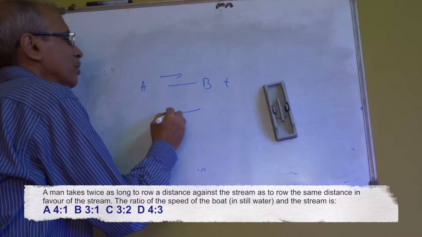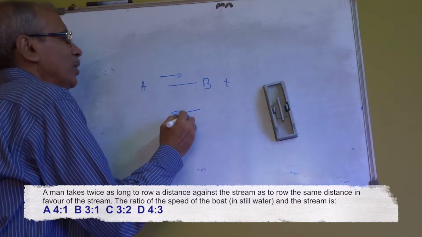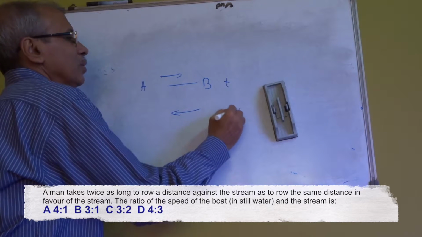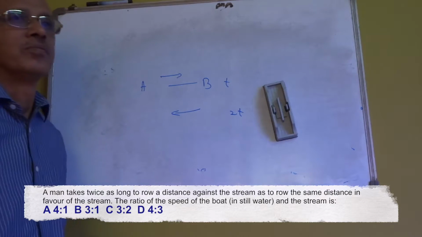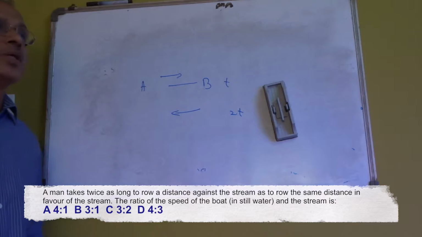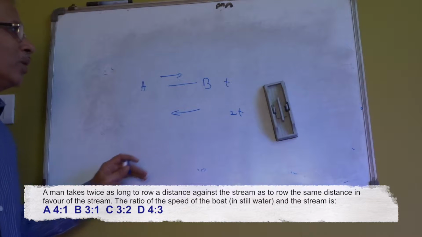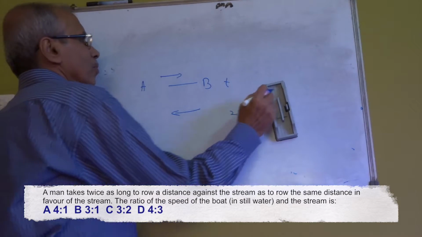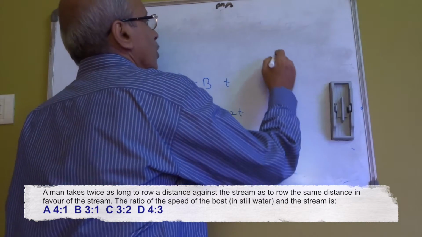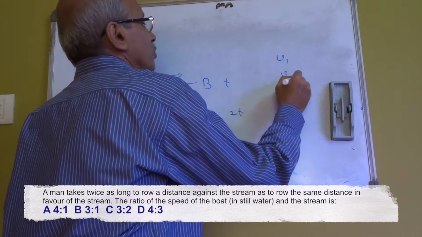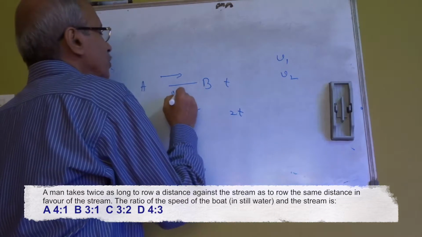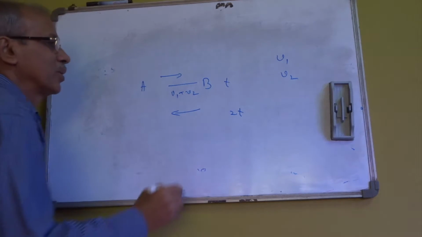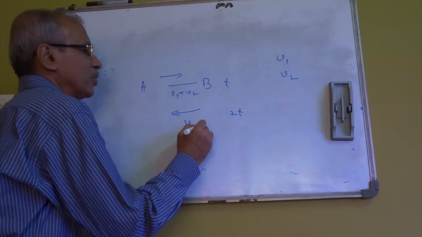While returning from B to A, the stream is adverse, so he takes 2t minutes. The distance is the same. Let us say the speed of the boat is v1 and that of the stream is v2. While going it is v1 plus v2 because both are in the same direction. While returning it is v1 minus v2.